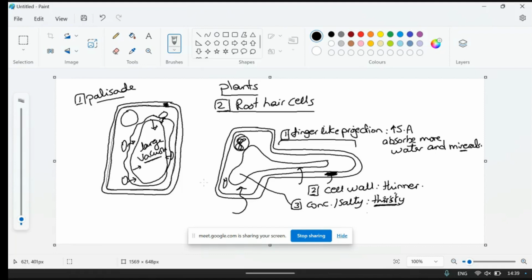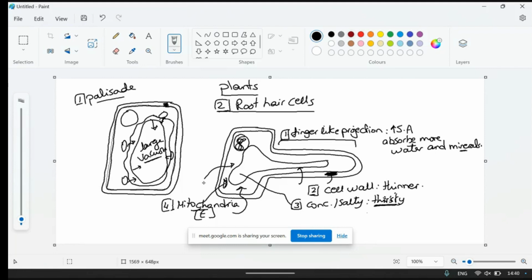Also, they have a large number of mitochondria, which provide them with energy, and this energy helps force minerals to go inside more and more. We will take the explanation for the entrance of minerals in full detail after the third session from now. All of these adaptations are related to its function, which is absorption of more water and minerals.